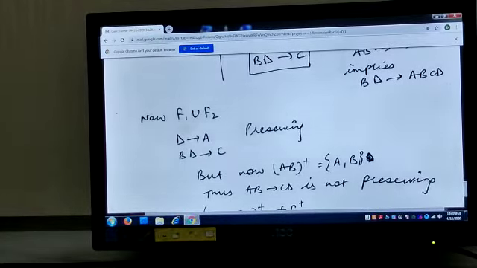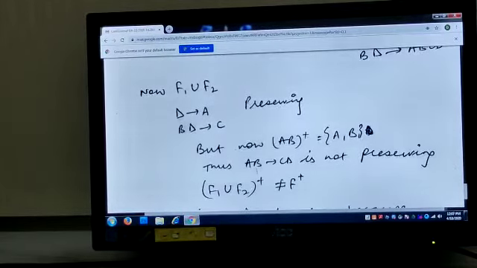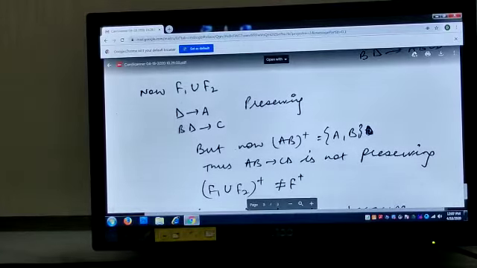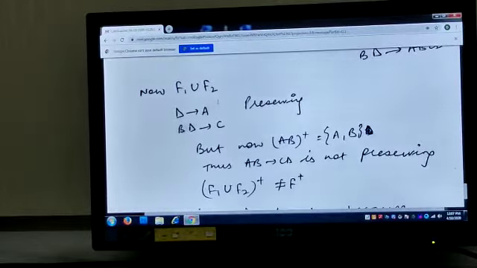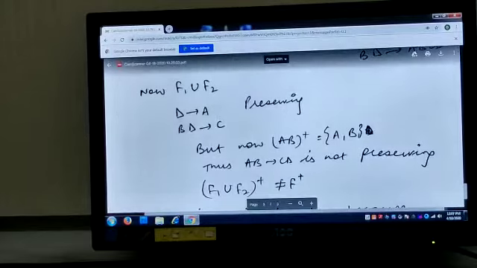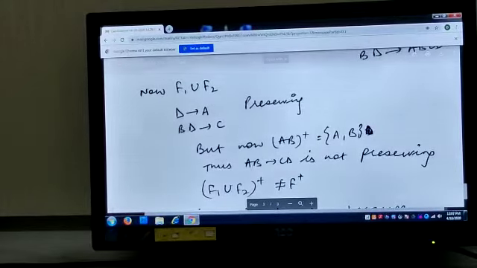Now performing the union of these two, we have D to A and BD to C. If I perform the union of these two, I don't think I can find AB to CD. You have to apply all the possible rules on these two functional dependencies. If I am applying them, I am not able to retrieve my AB to CD functional dependency. It means AB to CD is lost even if I am performing the union and finding the closure.